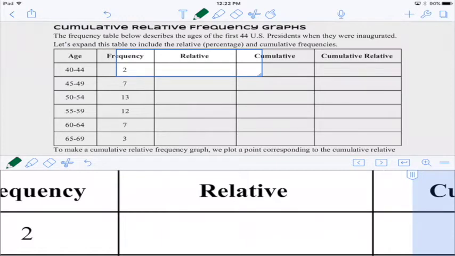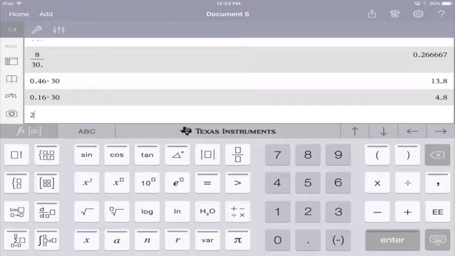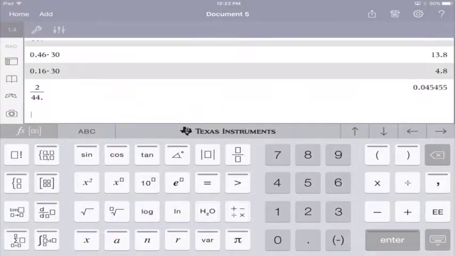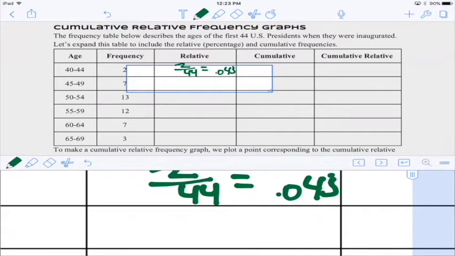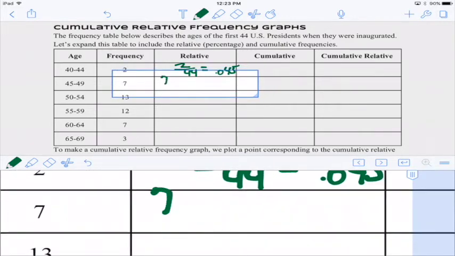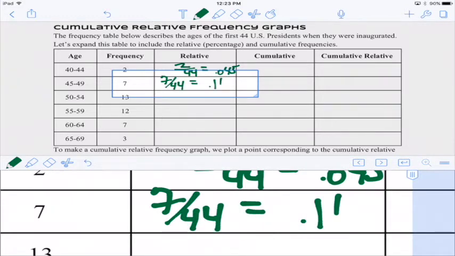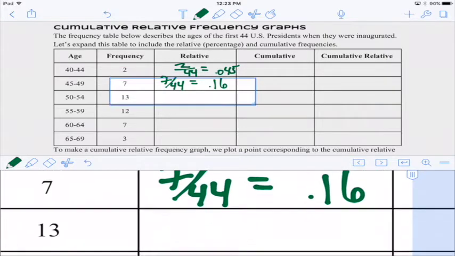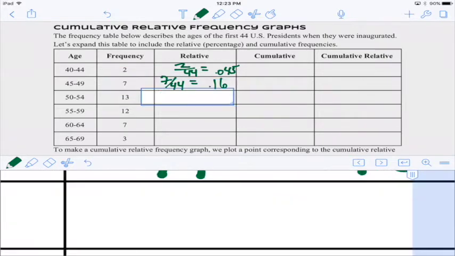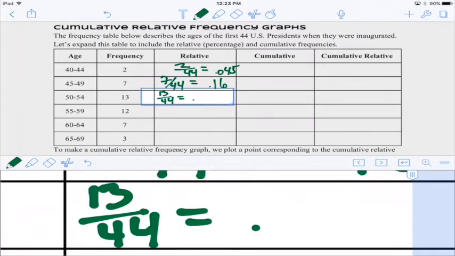So this is 2 out of the 44. 0.045. This is 7 out of those 44 presidents. 0.16. This is 13, which is about 0.30.